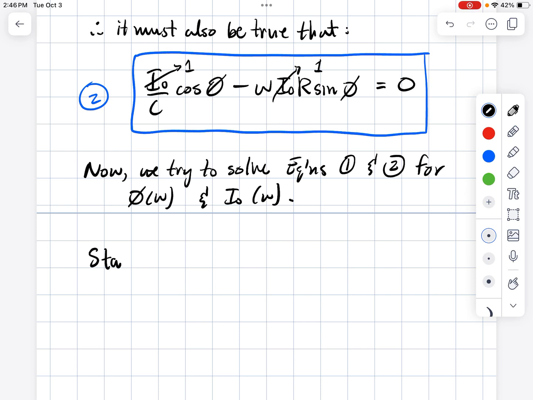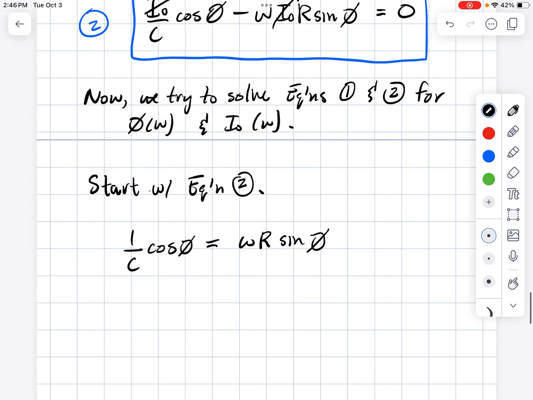So let's start with equation 2. We've already canceled the I naught, and so what we can say is 1 over C cos phi must be equal to omega R sine of phi.